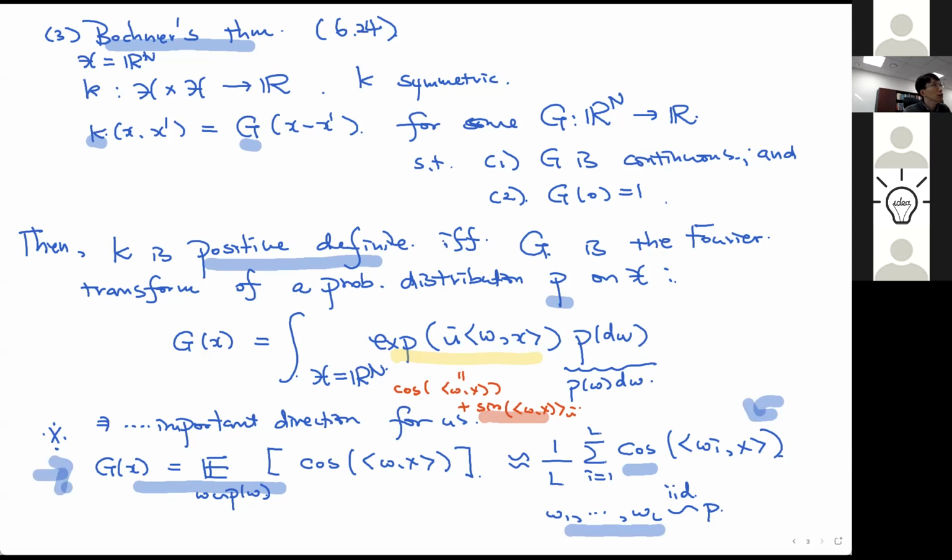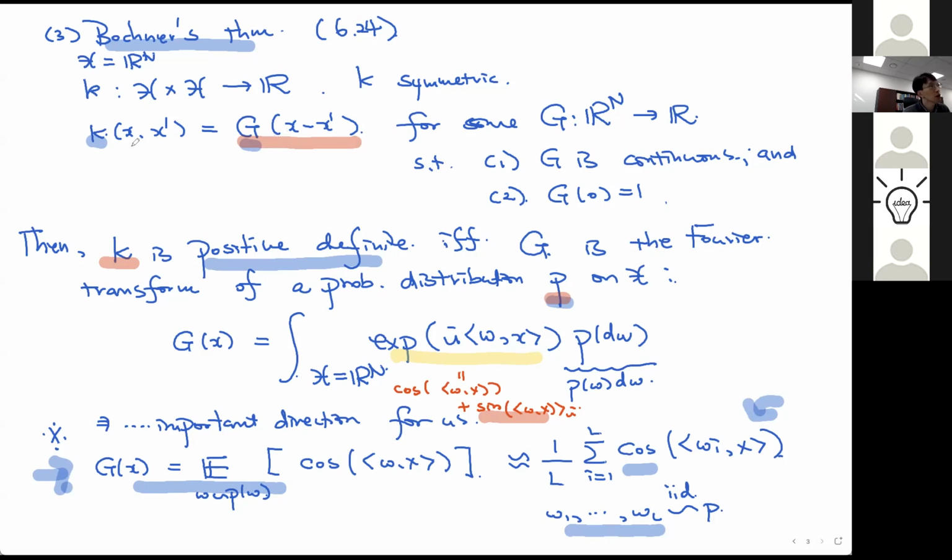Now, this situation arises often. Let me give you some examples of K that is of the form of some function G applied to x minus x prime, and the corresponding probability distribution P. By the way, a kernel K of this form is sometimes called a translation invariant kernel.